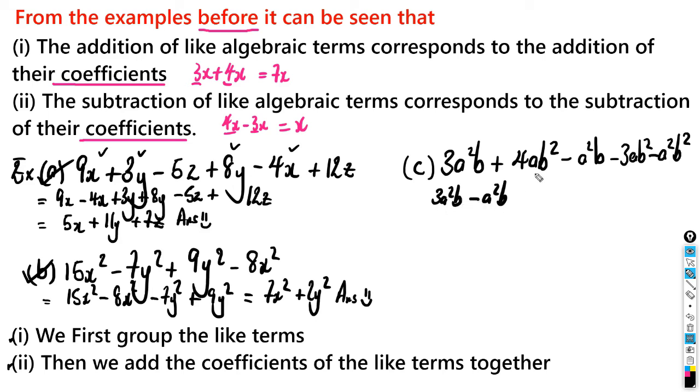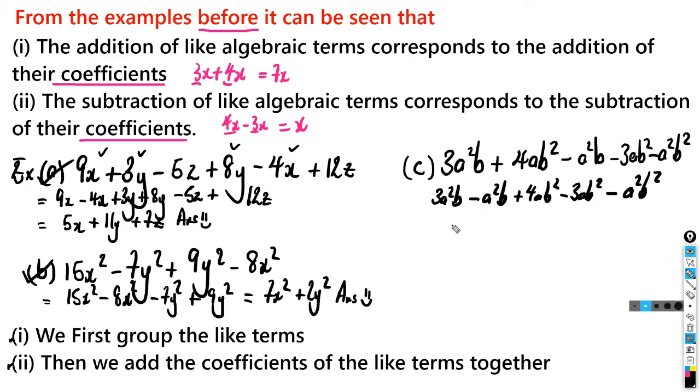And these are like terms. Then we're going to move on to plus 4ab squared. And we're going to look for the ab squareds. And we have a minus 3ab squared there. And the last one is actually negative a squared b squared, but this is a term within itself. This can't be added or subtracted from these terms.